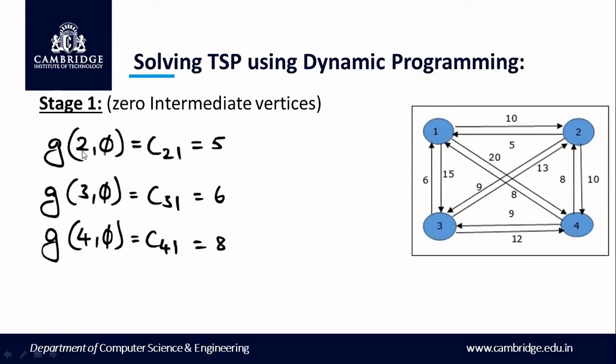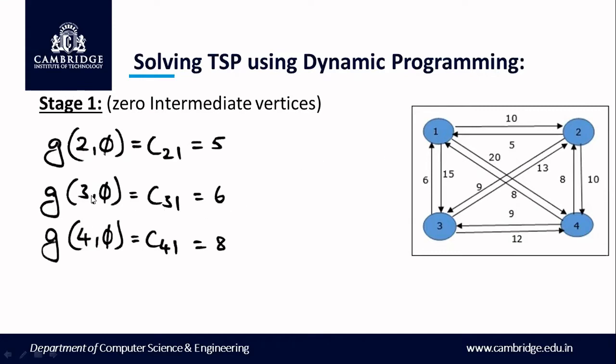So vertex 2 to 1 means no intermediate vertex. Therefore G of 2 comma null, where null indicates no intermediate vertex, 2 directly connects back to the source vertex. That can be given as C of 2 comma 1, the cost of 2 comma 1, which is 5.